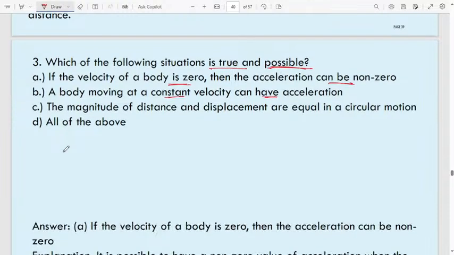The correct answer is option A. If the velocity of a body is 0, don't think the body is not experiencing any acceleration. There can still be acceleration even when the body's velocity is 0. That is an important point.